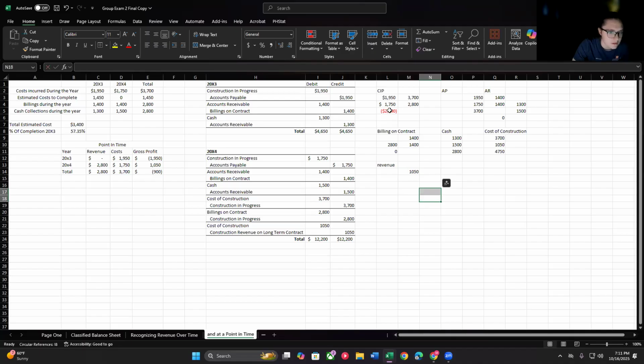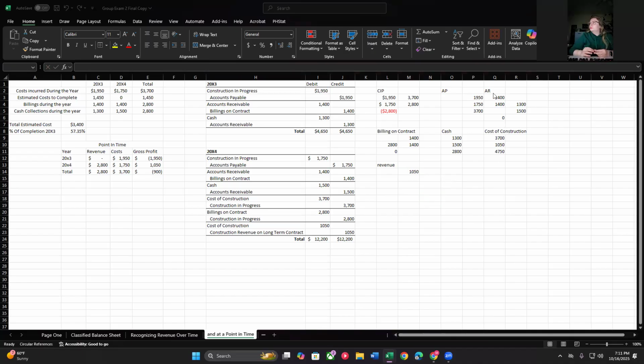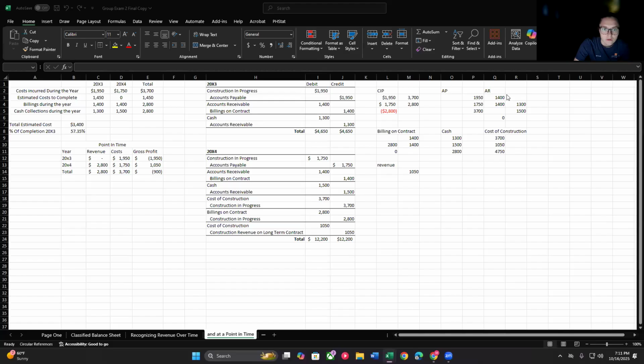All right, so we know for a fact that our CIP is off. Our accounts receivable billings is supposed to be 0, so that one is correct. I want to say our cost of construction, isn't that supposed to be our total estimated cost?